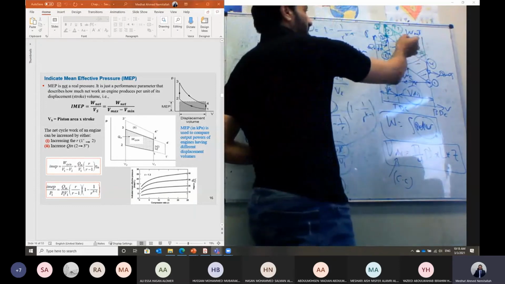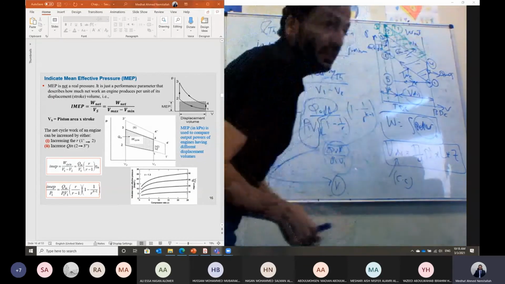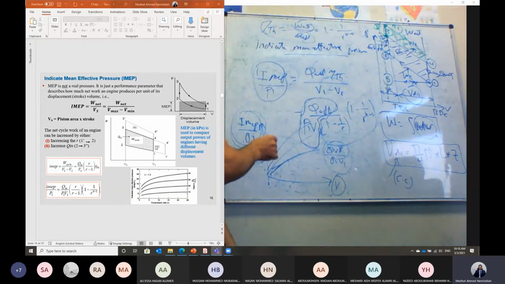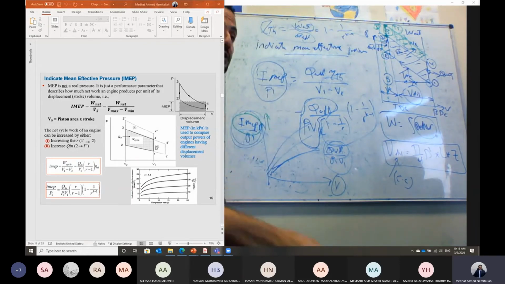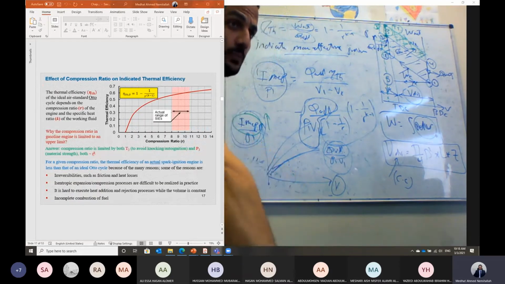And this is the extra net work that we add to the cycle, and in this case the efficiency should be improved. Efficiency improved, that means also the indicated mean effective pressure will be improved in this case. Okay, is that clear, guys?